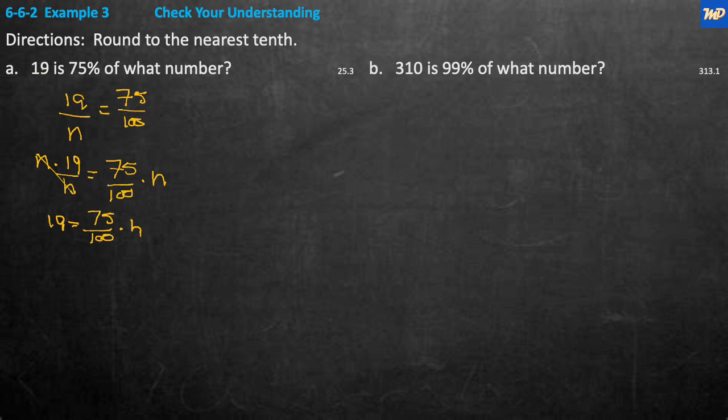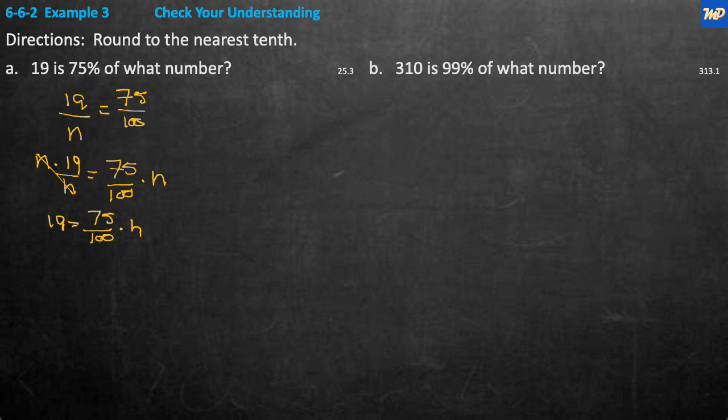I'm not sure exactly how you did it, but we've also already learned how you can multiply by the reciprocal of the coefficient, right? The coefficient of n is 75 over 100. So we're going to multiply both sides by the reciprocal of that coefficient.